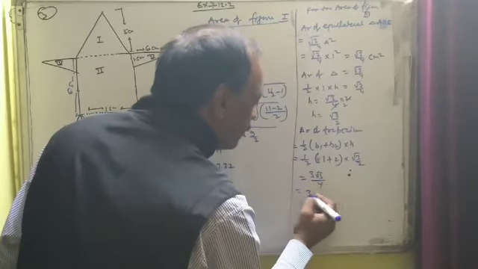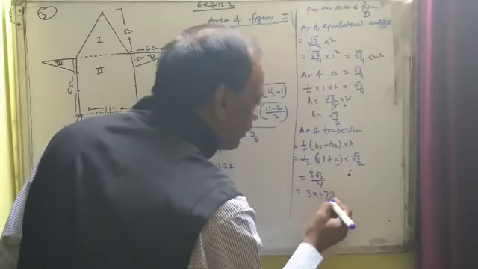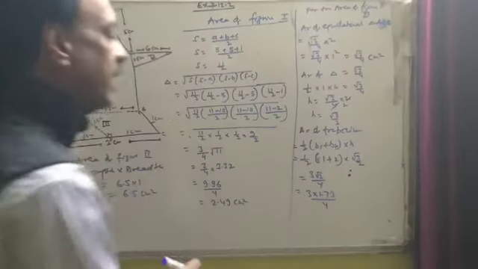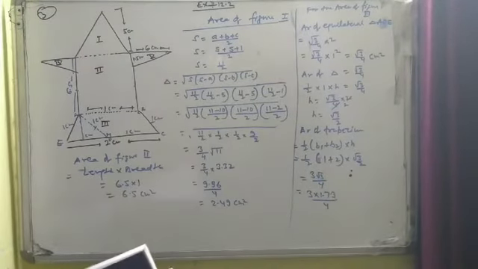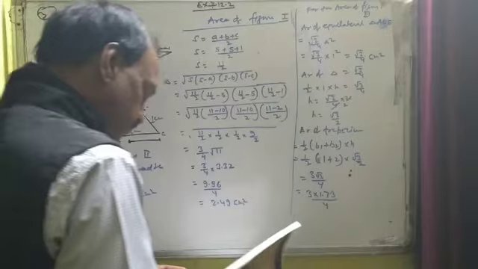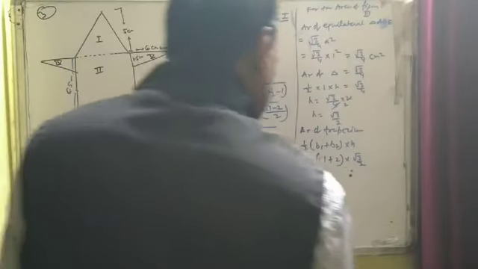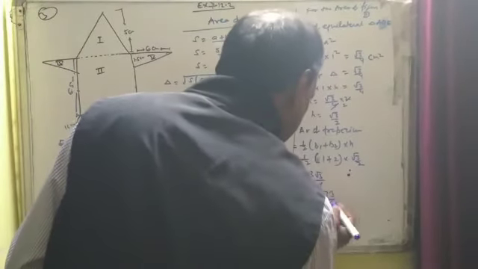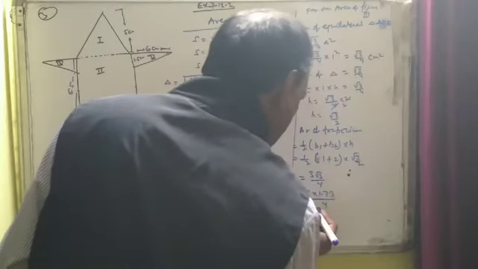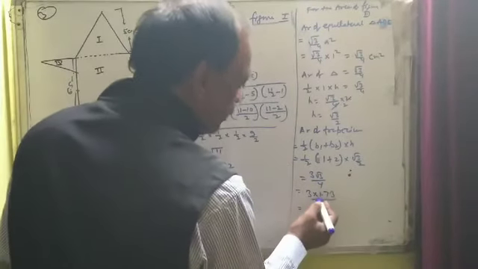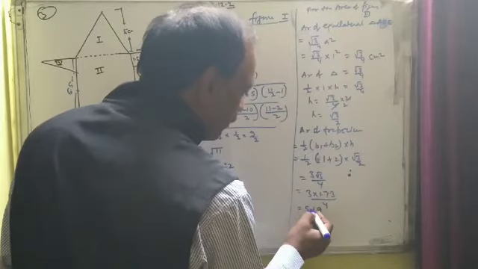3√3, so 3 into 1.73 by 4. After multiplying this, just see the multiplication: 3 3s are 9, 7 3s are 21, and 3 1s are 3, and 2, 5.